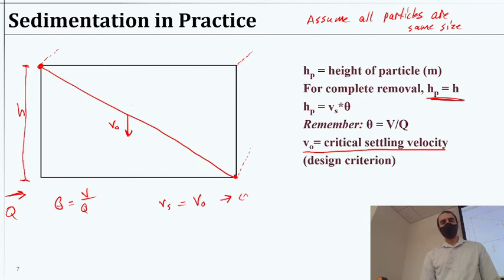This is complete removal, and really it's the minimum velocity for complete removal. Okay, does that make sense?